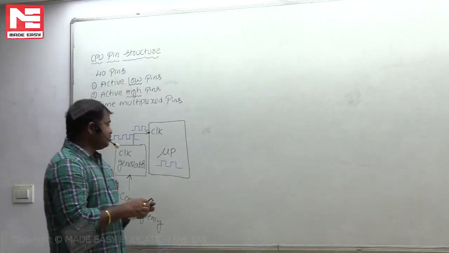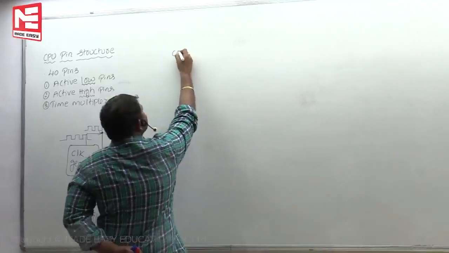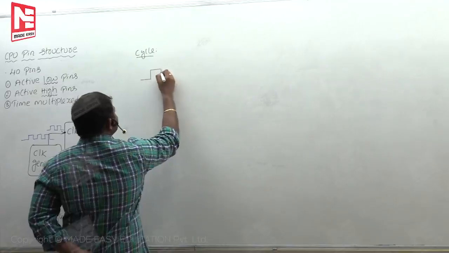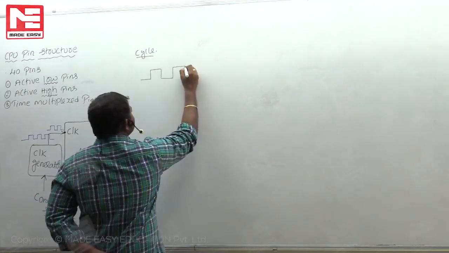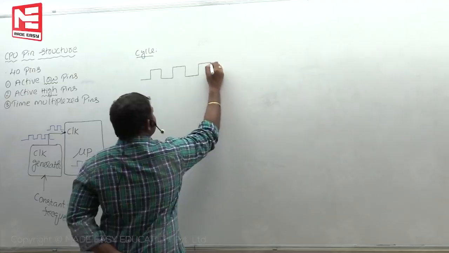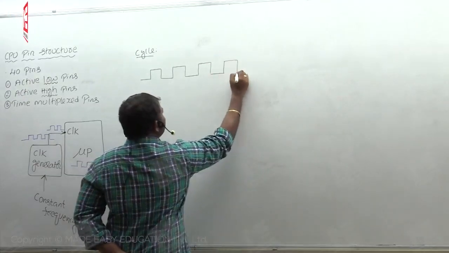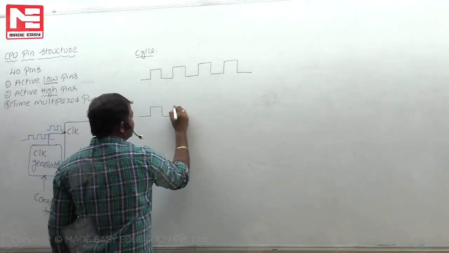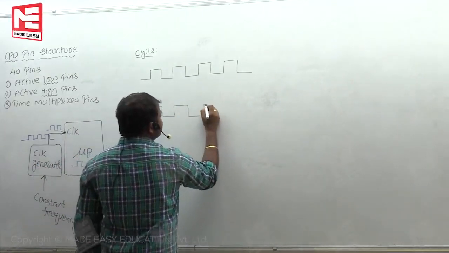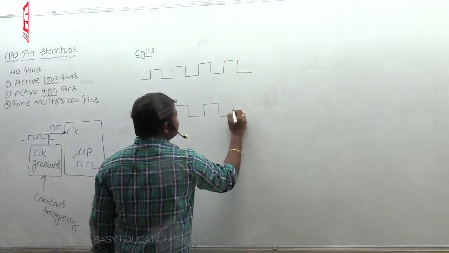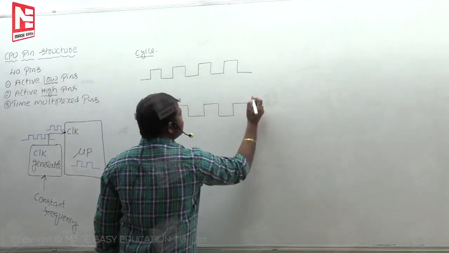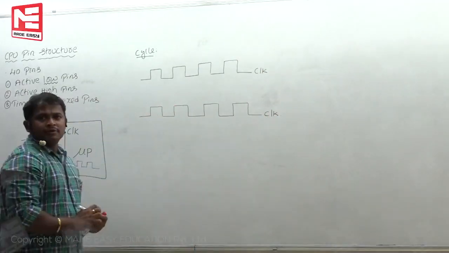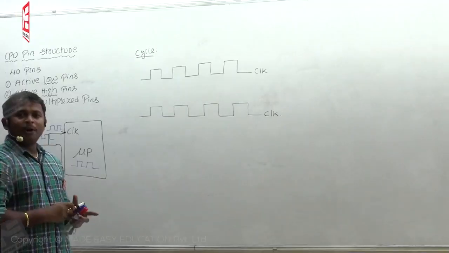Okay. The definition of the cycle: a clock cycle is defined as the clock pulse transition either from rising edge to rising edge or from falling edge to falling edge, like this. So oscillations are treated as clock pulses.